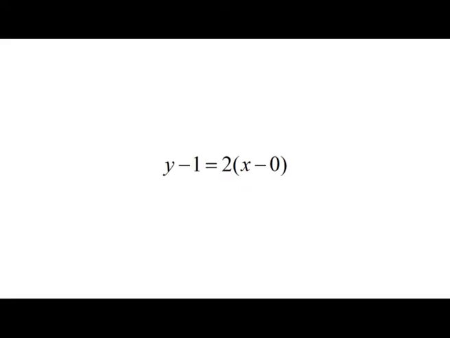Hence, slope of the tangent is 2, and the equation of the tangent at the point 0 1 is given by the point slope form y minus 1 equal to 2 into x minus 0. That is, y equal to 2x plus 1 is the inflectional tangent to the function at the point 0 comma 1.